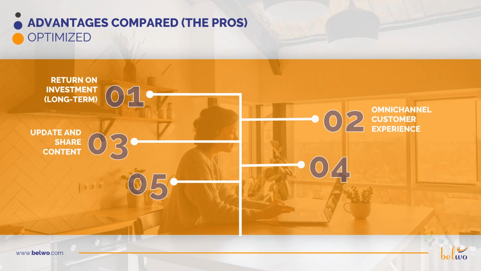A third advantage here when you optimize is that you can update and share content. And this has to do with document rationalization, is the term that people oftentimes use around this. In terms of updating content, this gives you the opportunity to make sure that your content is still relevant for 2021.